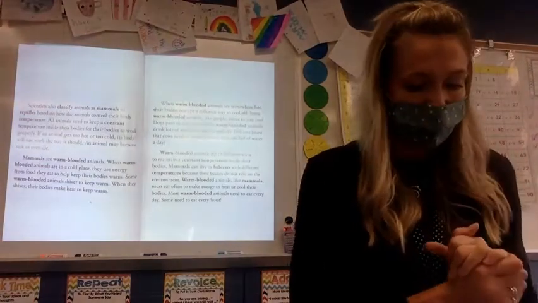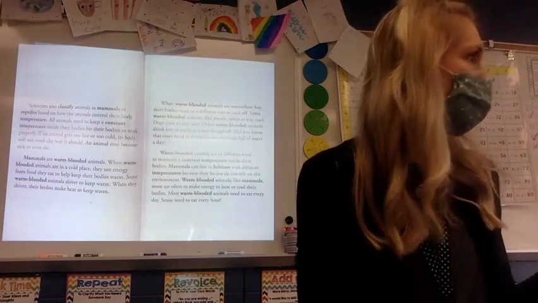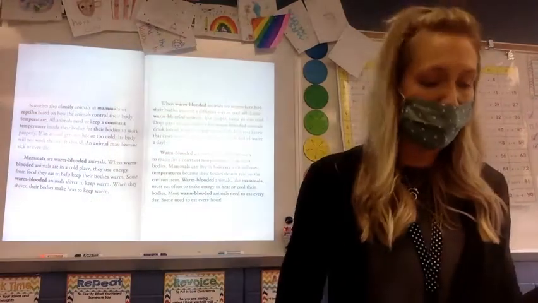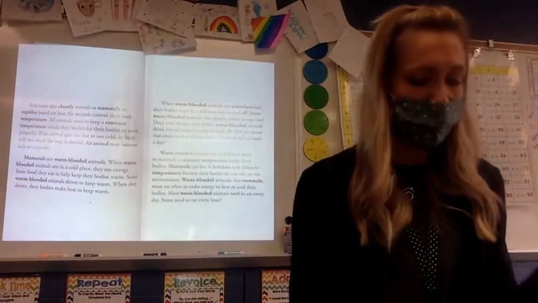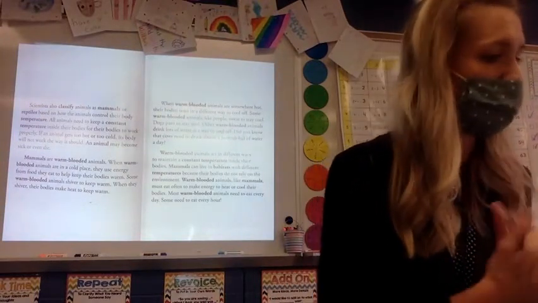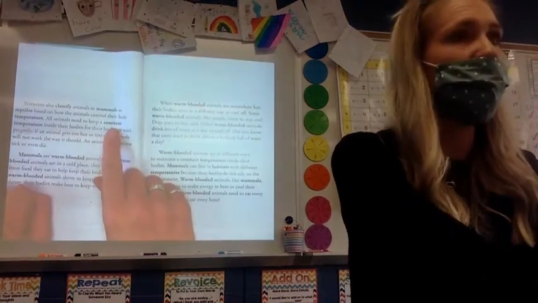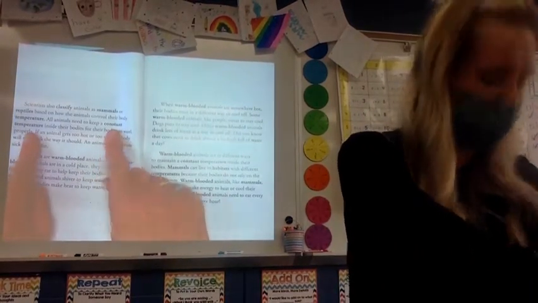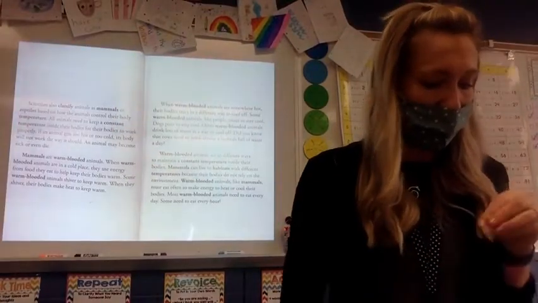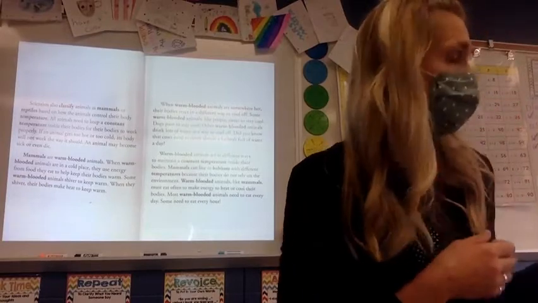Okay. Today we are going to be looking for a constant temperature. Remember those words we were talking about? As you go through, I want you to think about constant temperature. These words are often used together in this chapter. You can find them in bold right here. But each word has its own meaning and can be found separately in the glossary as well.